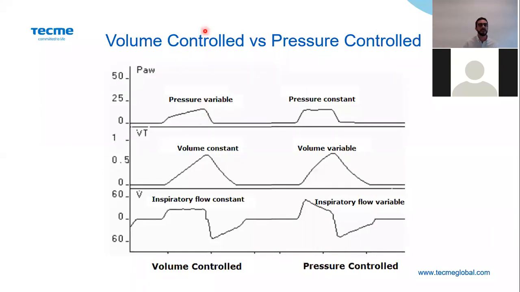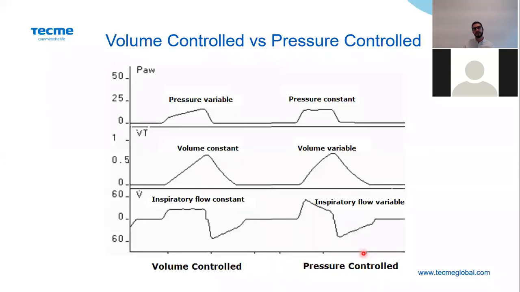Again, here, in order to compare both types of modes of both classifications, we have the pressure, the tidal volume, and the flow graphics for a volume control mode and a pressure control mode. Here in the volume control, we can see during all the inspiratory time a constant behavior of the control variable, I mean a constant behavior of the volume, and the pressure will be variable.